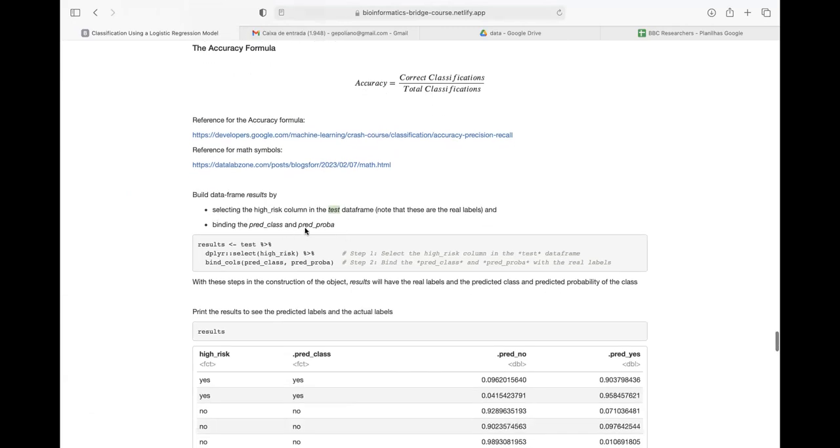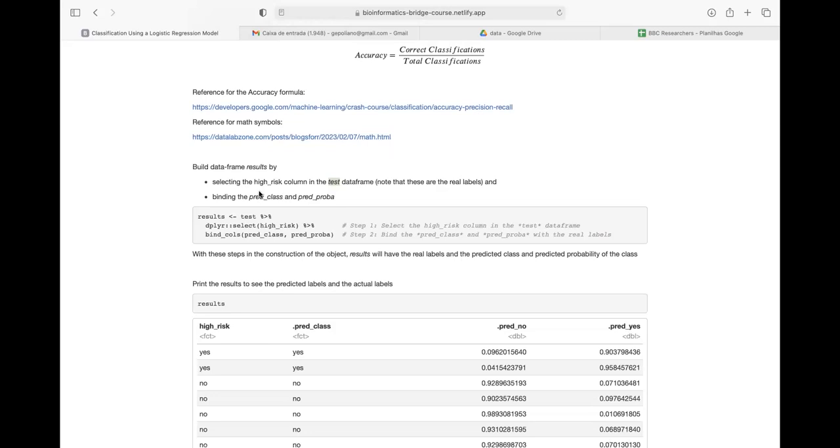And what we're doing next is we are binding the predicted class and the predicted probability. I'm still assuming that the order is not being changed. I am sorry that I cannot say I am 100% sure that the order is not being changed, so I'm just being transparent, I guess. But I'm assuming the order is not being changed.